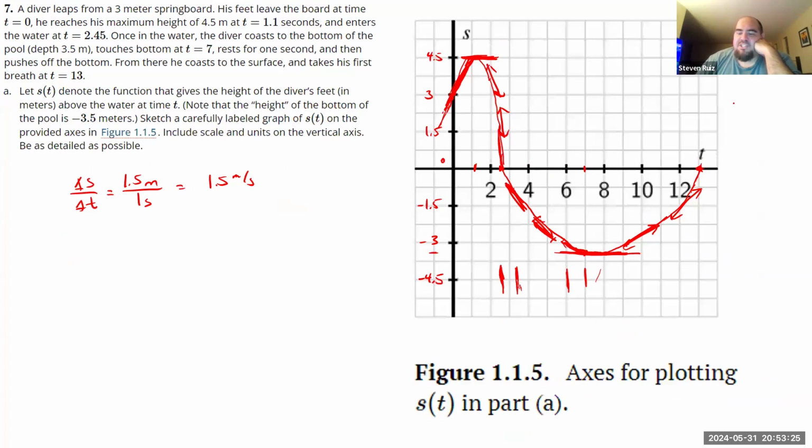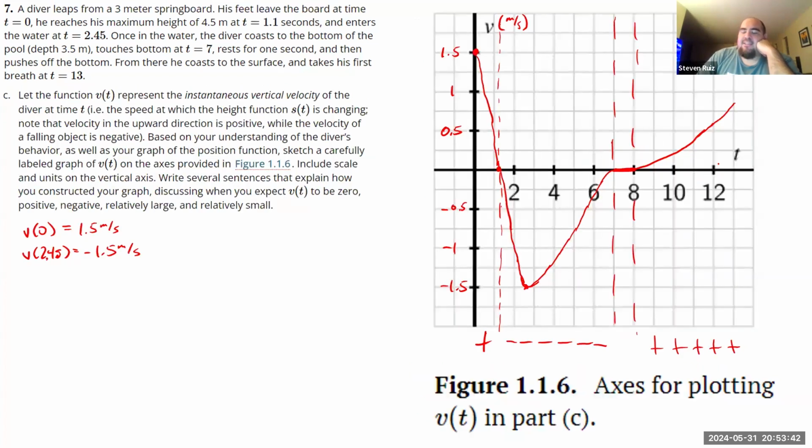Well, let's go back to our position graph. If we look at these tangent lines that I drew in here, every tangent line I would draw between t equals 8 and t equals 13 is positive, but as I move from left to right, they're getting steeper. The slopes are getting greater. So that is why I am graphing a velocity that's positive everywhere, but also growing.